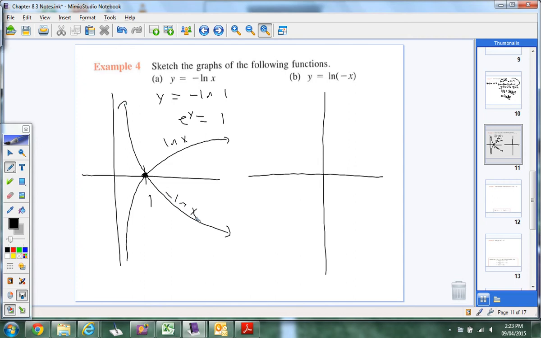So what you can say from this is this, a, we'll write it right here, is a flip on the x-axis. For the 1 here?